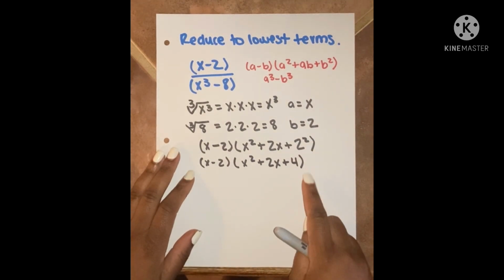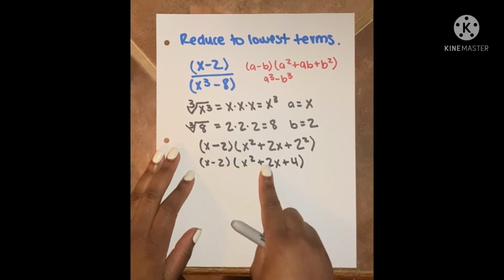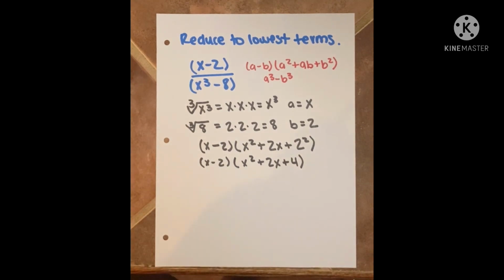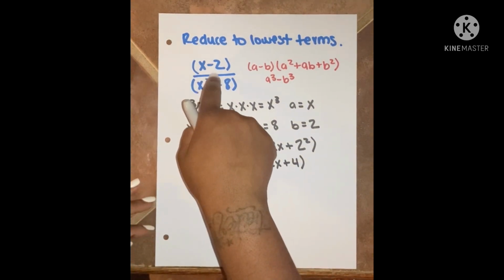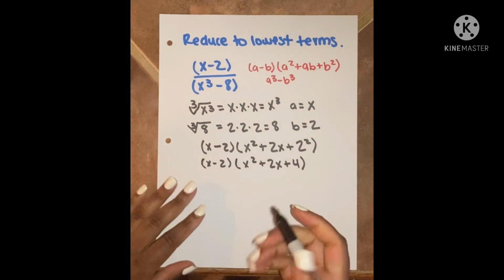So now what we have is x minus 2 multiplied by x squared plus 2x plus 4. And we're going to put that in our denominator, all underneath our numerator, and see what we have left over to see what cancels.